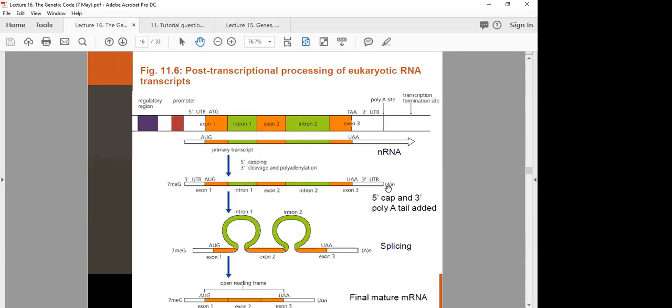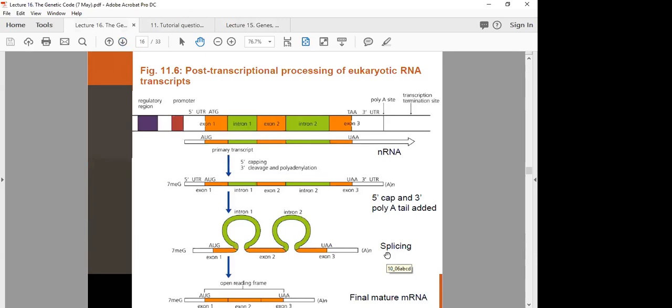So this A in brackets with a little n means that there's a number of adenines, about 200 adenines, added to this end of the RNA molecule. That's our poly A tail. So all you have to remember, 5' cap on one end, 3' poly A tail on the other end. So that's two types of RNA processing. The third type is called RNA splicing.